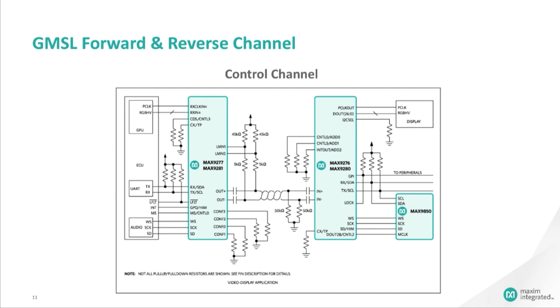The ECU controls the link from the serializer side via UART, while the deserializer is configured for I2C communication to remote peripherals. This feature allows the UART of the serializer to control a remote I2C device, such as the MAX9850 audio DAC with headphone amplifier. Note that this application also shows how an I2S audio stream can be encoded and decoded over the serial link in addition to the video data.